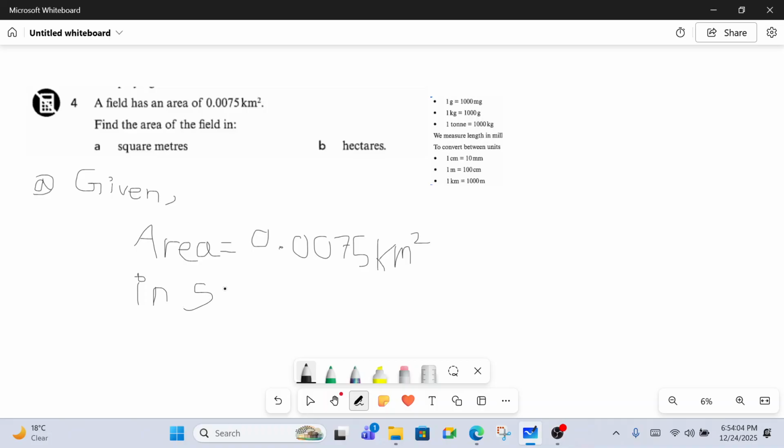Okay, so now in square meters, we know 1 kilometer square represents 1 million meter square.